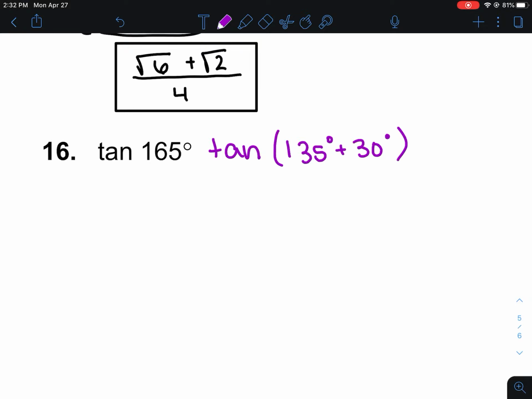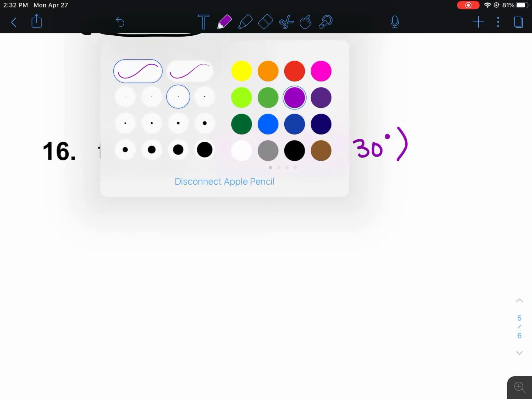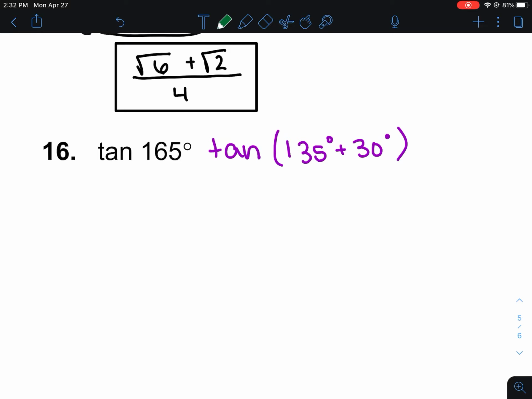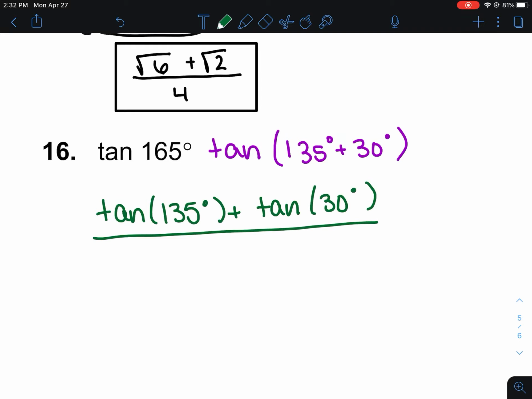You'll still get the same answer. Okay, for our sum and difference formula for tangent, we're going to start with tangent of the first one plus tangent of the second one, all over 1 minus tangent of the first one times tangent of the second one.